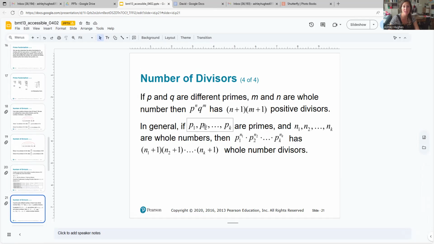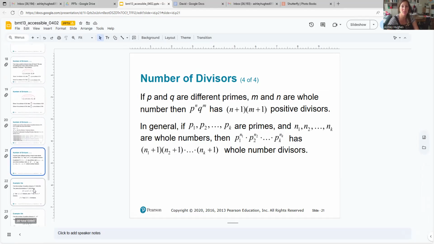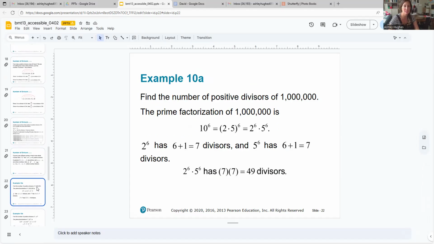And this is another way. For the number of divisors, if you factor it down to the primes, you take each of the powers and you add 1, and then you multiply those together. So for instance, I cannot do a factor tree of 1,000,000. That is going to be not fun, right? But I know that this is 10 to the 6th.